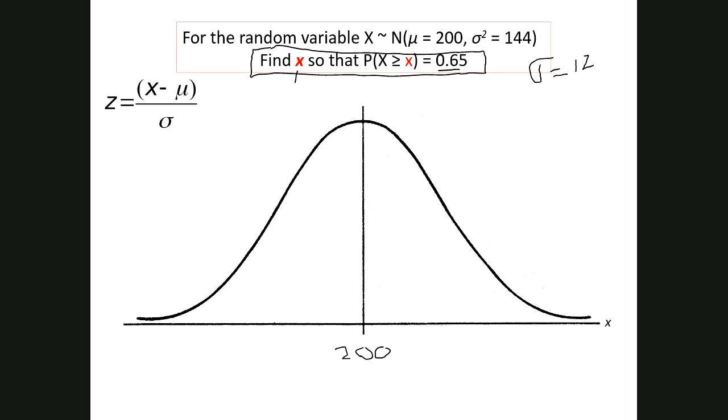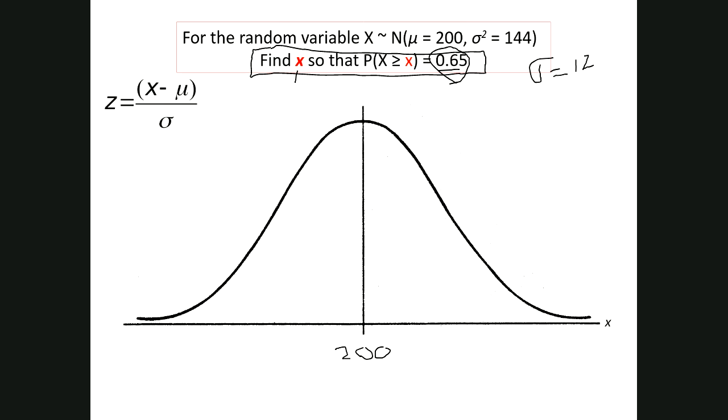But here's the question. We want to find X so that the probability that X is greater than or equal to X is 65%. So how are we going to use our diagram to help us solve that problem? Well, the first thing we're going to do is look at this 65%. This is an important value. We want to find X so that the probability is 0.65.